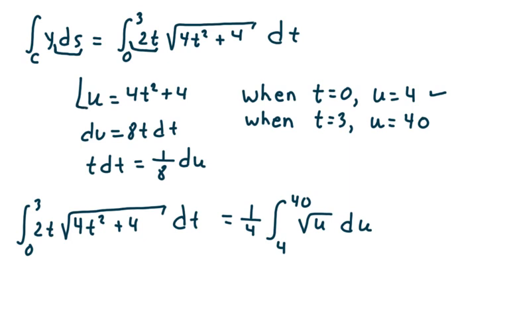So I plug it into this equation right here. When t is 3, u is equal to 40. And so the integral from 0 to 3 of 2t times the square root of 4t squared plus 4 dt becomes 1/4 the integral from 4 to 40 of square root of u du, right here.